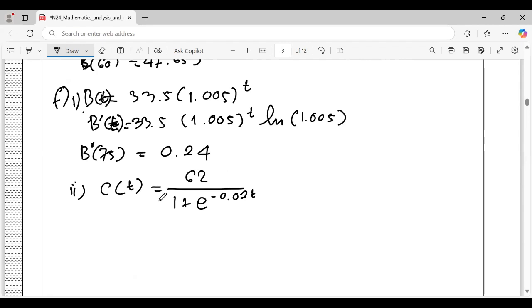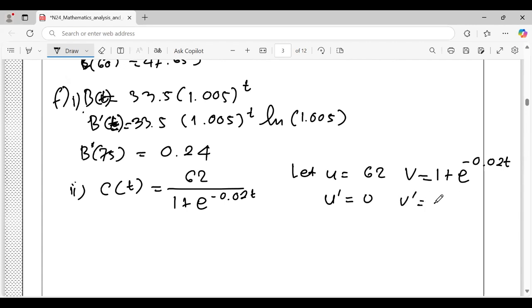To find the derivative, we are going to use the quotient method, the differential method, where u equals 62 and v equals 1 plus e^(-0.02t). The derivative of u equals 0 and the derivative of v equals -0.02 e^(-0.02t).